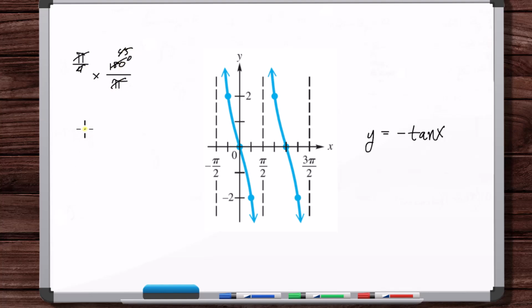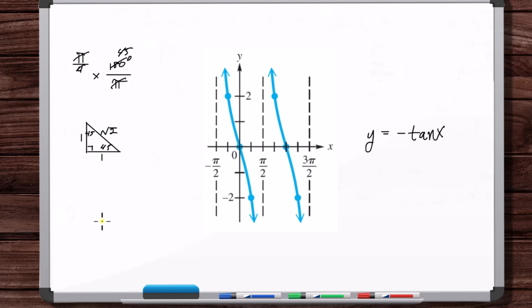So 45 degrees, we do a 45, 45, 90 triangle. This is 1, 1, root 2.